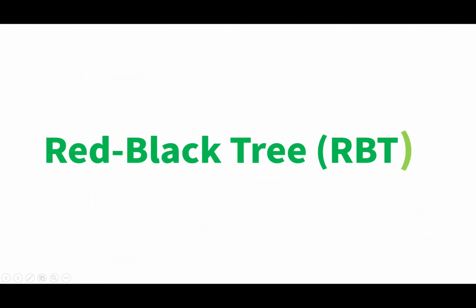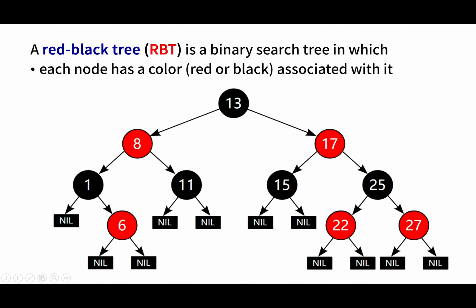So people invented another tree called red black tree, simply called RBT tree. RBT tree is also a binary search tree, but in this tree, each node has a color, red or black.